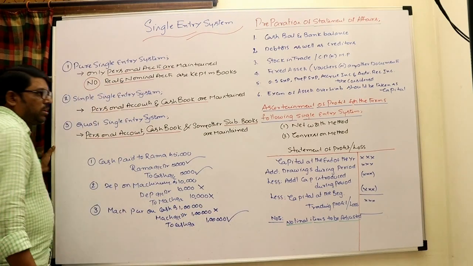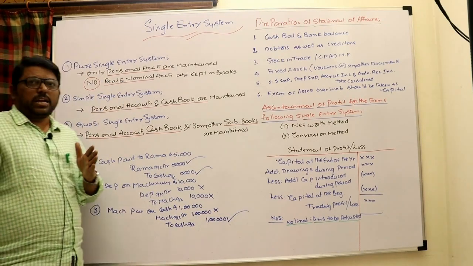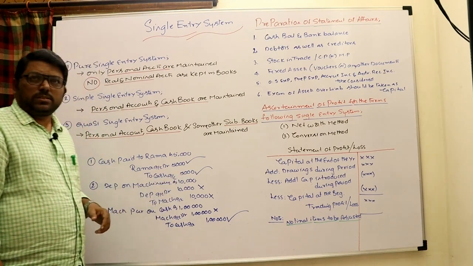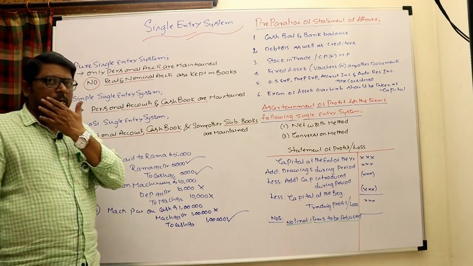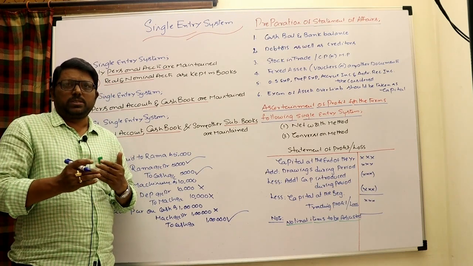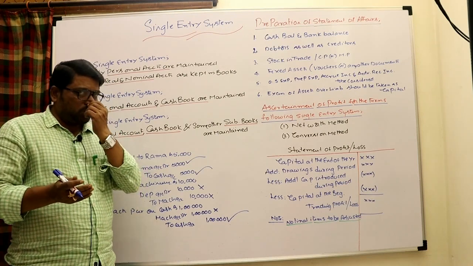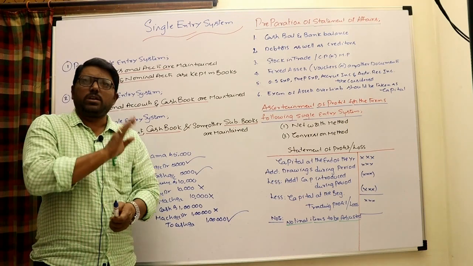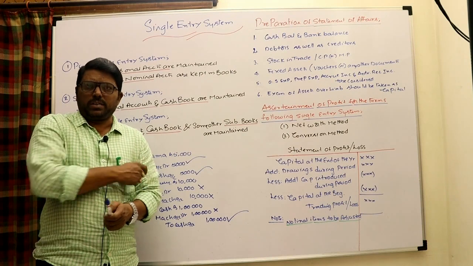When you maintain a cash book and personal accounts, as I said, in single entry they maintain a cash book to know the receipts and payments, and personal accounts also. So no nominal accounts and no real accounts are maintained. Only the cash book and personal accounts are usually maintained.